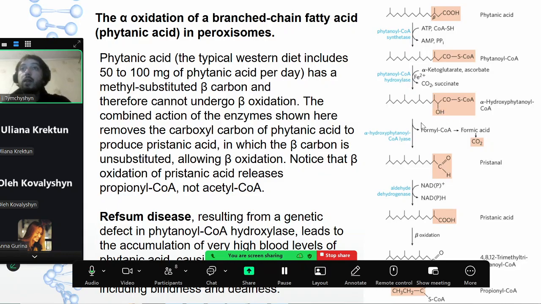Now the alpha hydroxy phytanoyl CoA lyase removes formyl CoA. So formyl CoA is removed and then processed, and that's what is left. That's pristanal. So here it is.